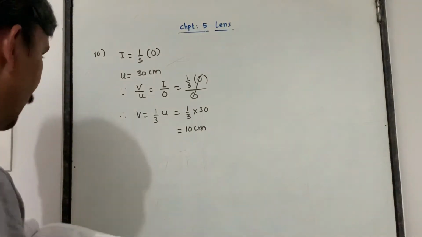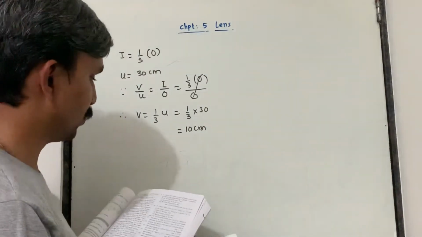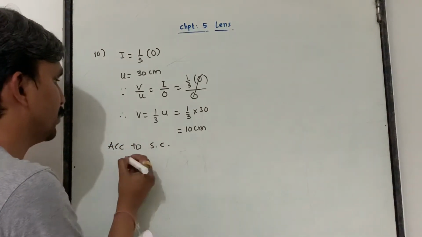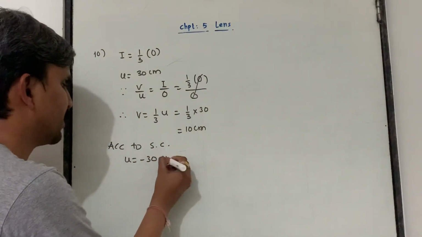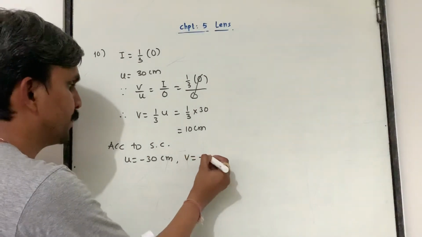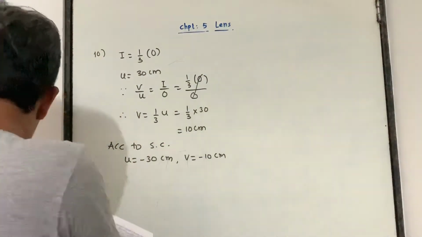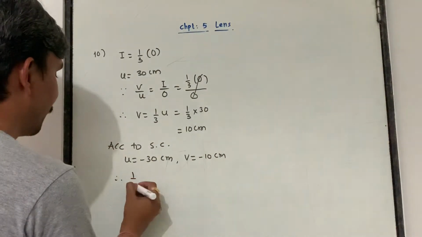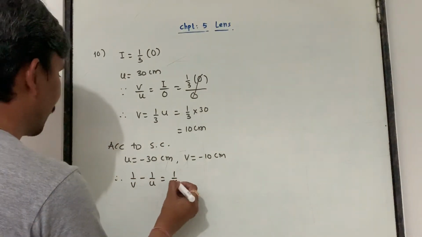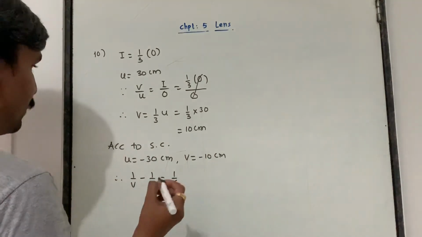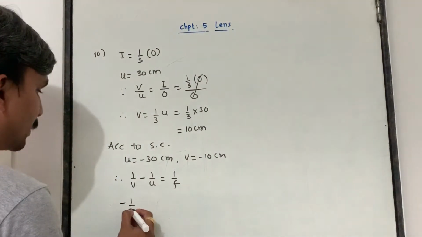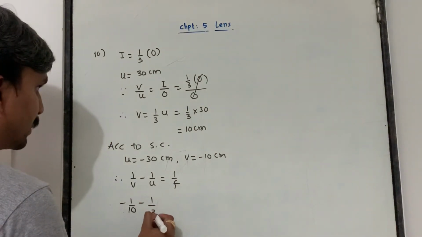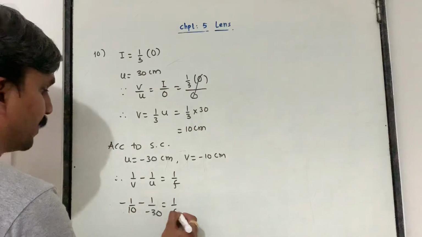right? Now since it is a concave lens, both will come negative. So right here, according to sign convention, U is equal to minus 30 centimeter, right? V is also equal to minus 10 centimeter. Second right here 1 by V minus 1 by U is 1 by F. Now this is 1 by minus 10 minus of minus 30 is equal to 1 by F, right?